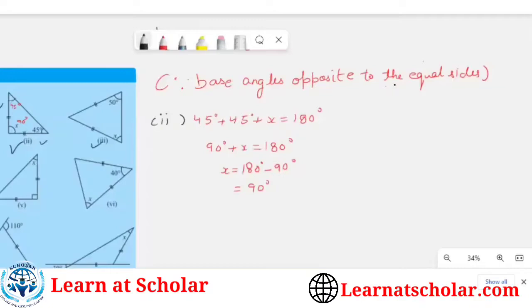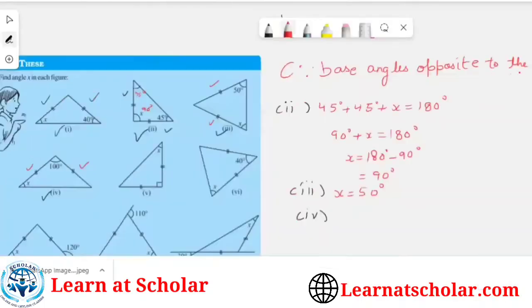That means x is equal to 90 degree. Now the third one. Again, two sides are equal and opposite angles are equal. It is an isosceles triangle. The second angle should be of 50 degree. Here I am not repeating the reason, but during exams you have to write the reason.